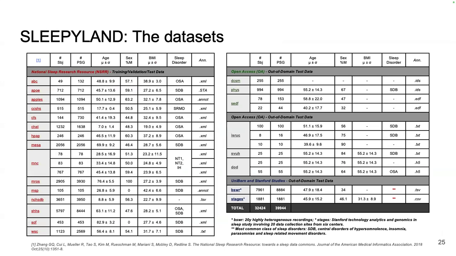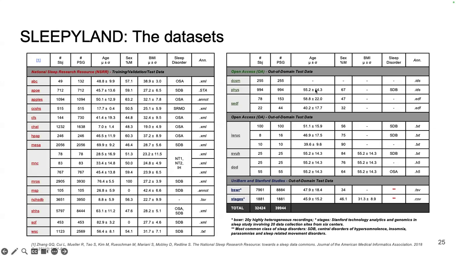What we did was to exploit a lot of data. So all the data sets that we had, you see on the left, it's a list of data sets that we're exploring from the NSRR. And all these data sets here have been used in SLEEPYLAND to train, validate, and test fairly all the algorithms that we included.